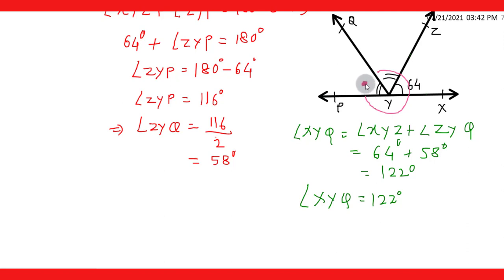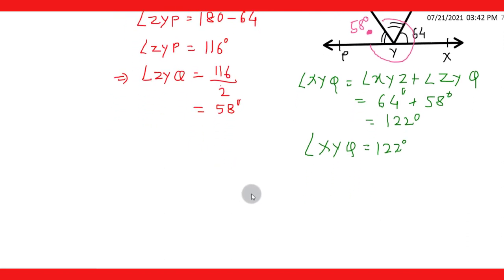We know PYQ, this angle we know, so the reflex angle we can find. This angle we have got as 58 degrees, and so its reflex angle we have to find. So it will be what? 360, the complete angle, minus this 58 degrees, you will get the reflex angle.